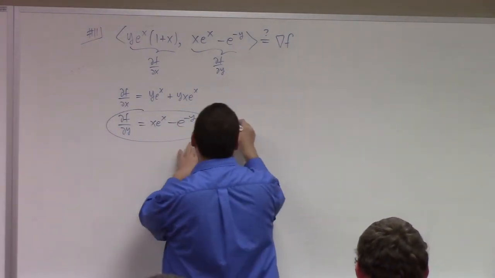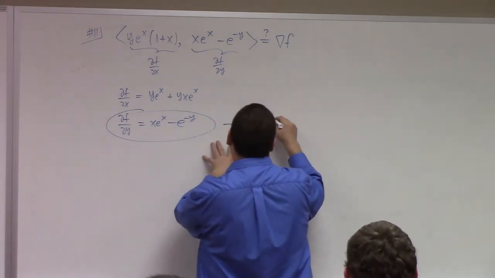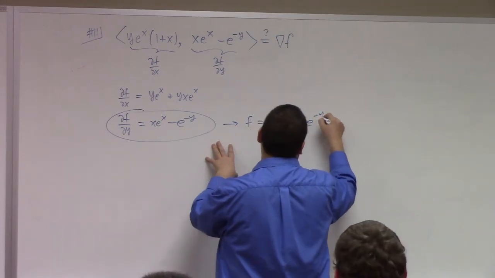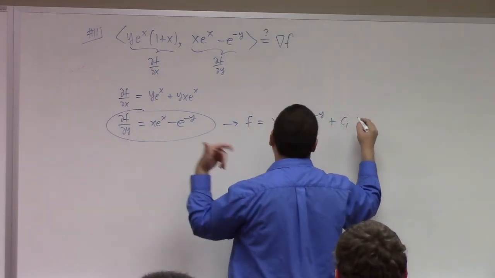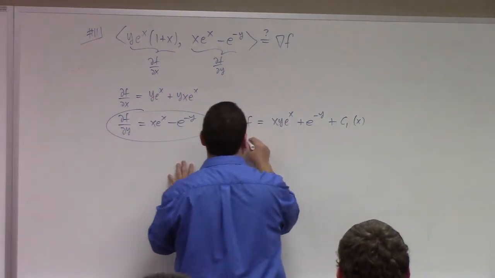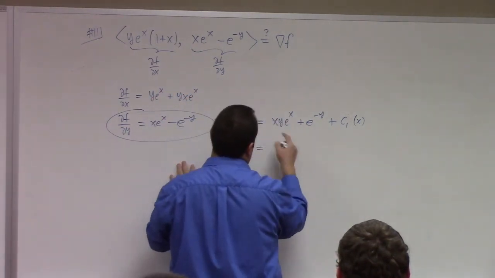So f is equal to x y e to the x plus e to the minus y, plus c1 of x. And then you differentiate this with respect to x.